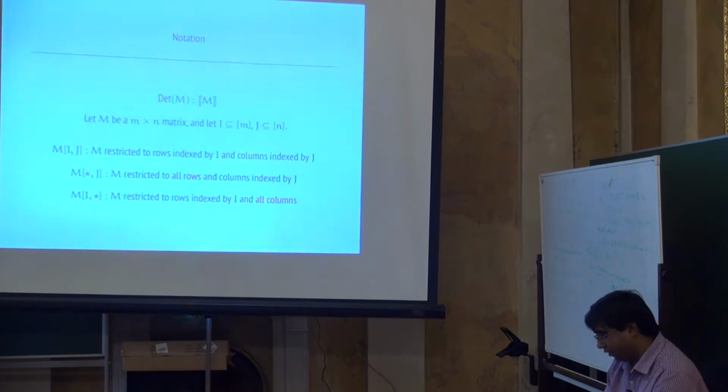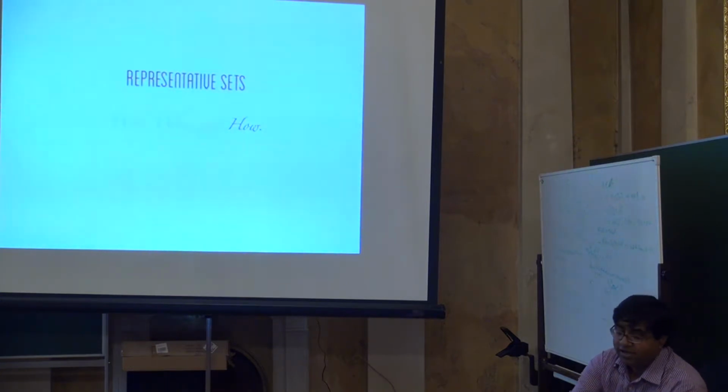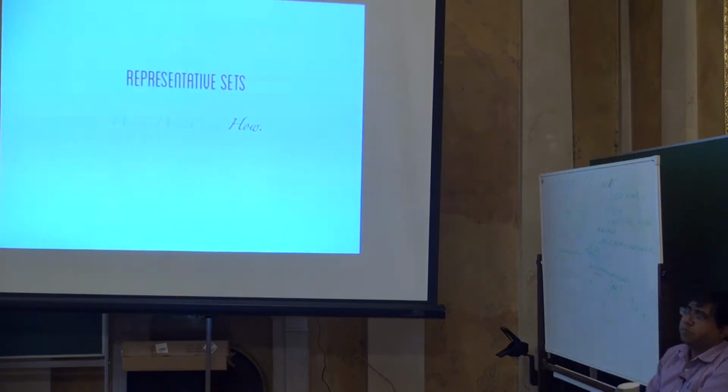Okay. Now, how many of you are really interested in knowing a faster algorithm to compute these representative sets? After this, I can give you more applications, but they are more involved. I could also give you a faster algorithm to compute these representative families, which is slightly non-trivial, but not very.